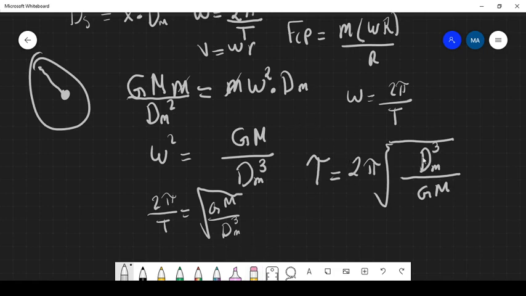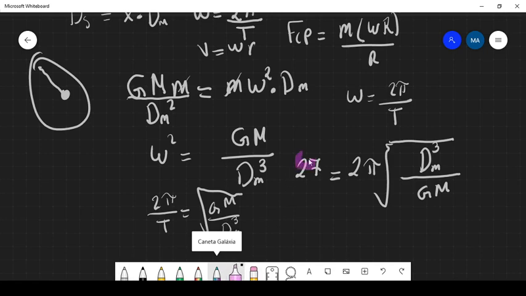Now a fun fact, if you wanted to know the distance to the moon, you can find it over here. How's that? G is a constant, M is the mass of the earth, these are constant, and here is 27. So if you wanted to find the distance to the moon, you can find it, but we don't need to, because what is this T over here? It is 27 days.